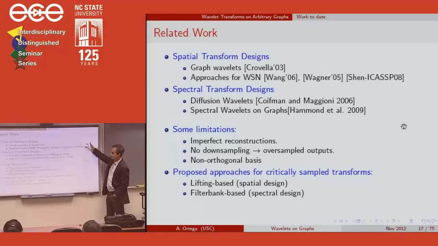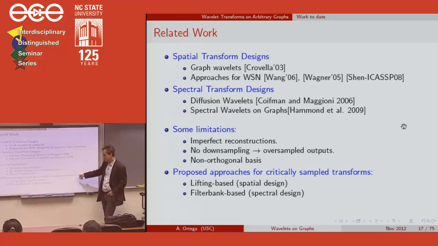These spatial domain designs, some of them at least, are critically sampled. If you have n nodes, you have n wavelet coefficients, but they don't have a very easy frequency interpretation. And these frequency domain designs are not critically sampled. So we're bridging the gap by having designs that are frequency based and critically sampled. That's, I would say, our main contribution.